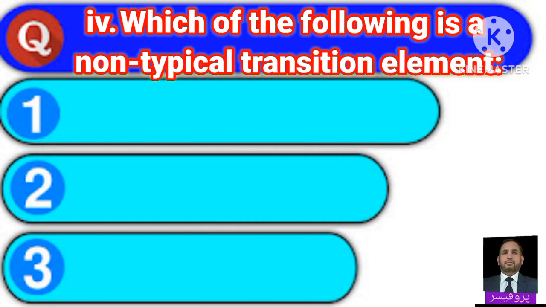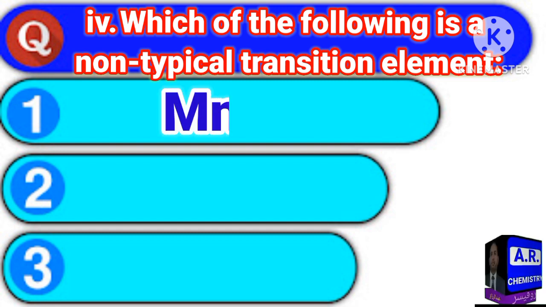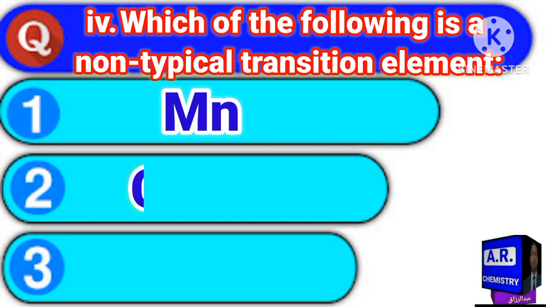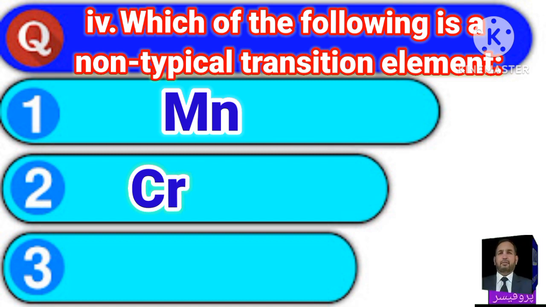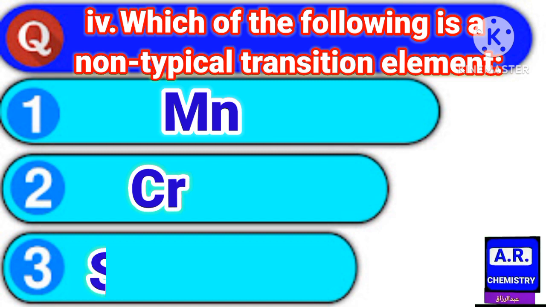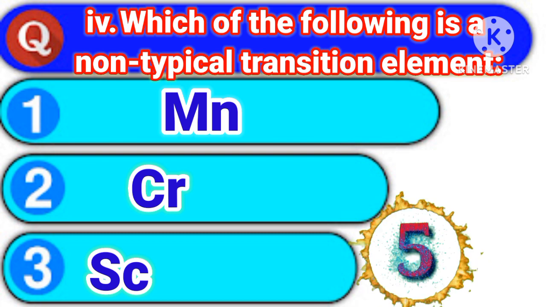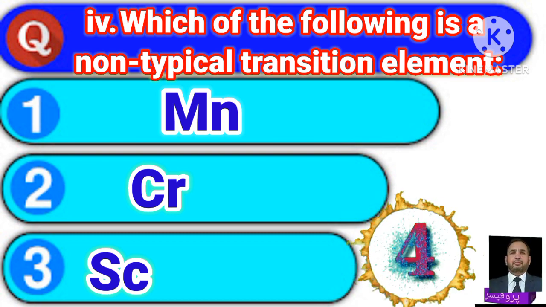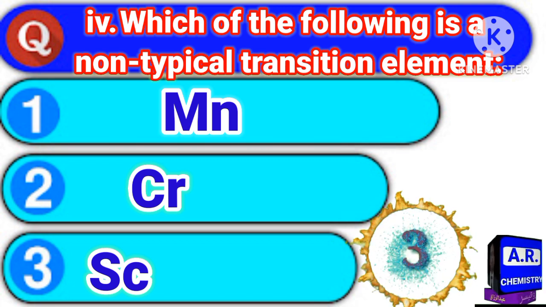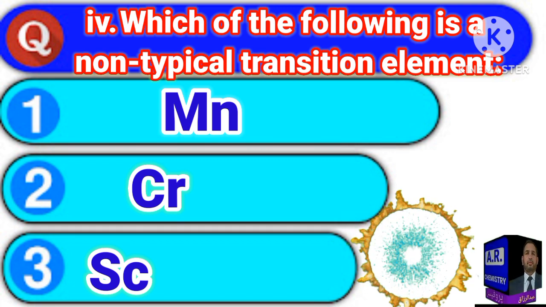Question number 4. Which of the following is a non-typical transition element? Number 1, manganese. Number 2, chromium. Number 3, scandium. Please pick the correct option and compare it with the correct answer.